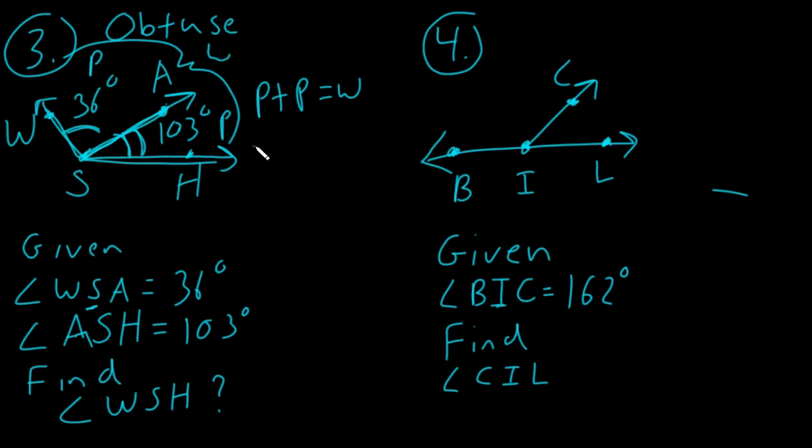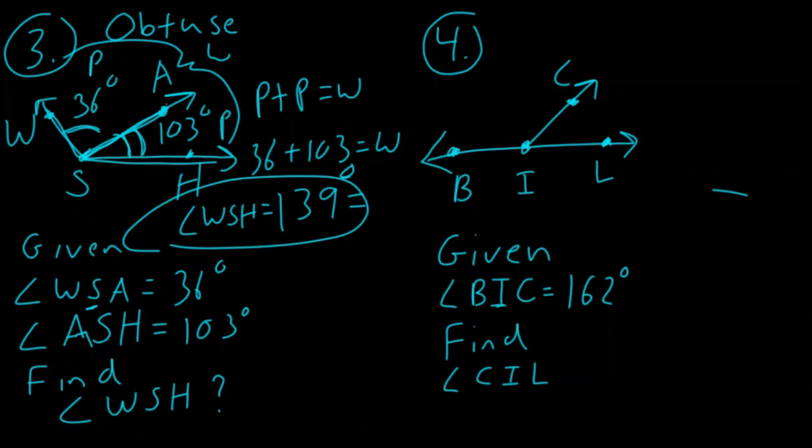So we can simply say 36 plus 103 is equal to the whole, and we know that 36 plus 103 should be 139, which would actually be our missing angle, and I'll even write this, that's going to be angle WSH, or the whole thing.